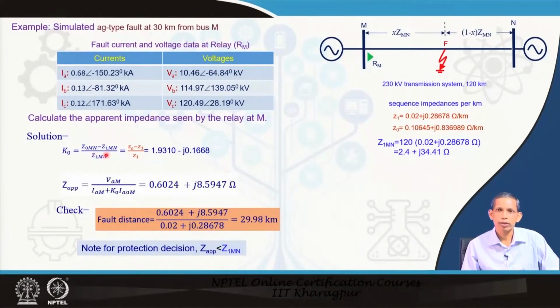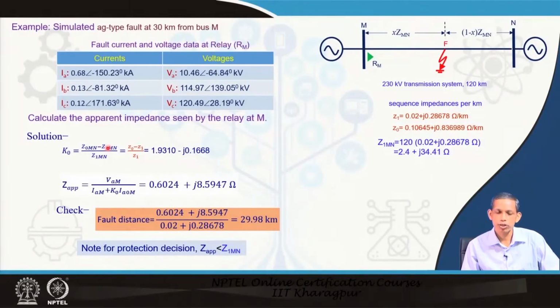Therefore, the length of the line cancels out and we get a relation in terms of z0 minus z1 divided by z1, where small z corresponds to the per kilometer impedance of the line. If you substitute the per kilometer impedance values here, we get K0 to be 1.9310 minus j0.16668, unitless.